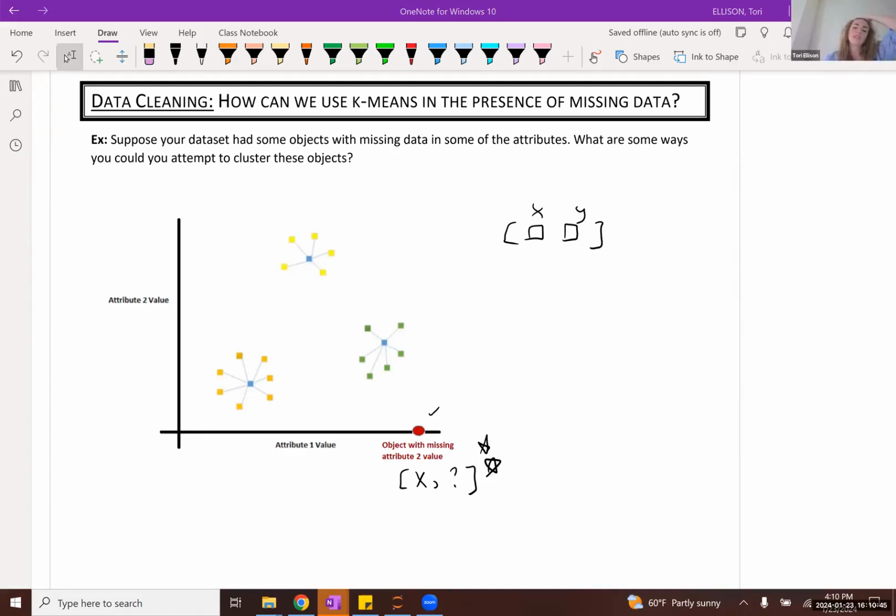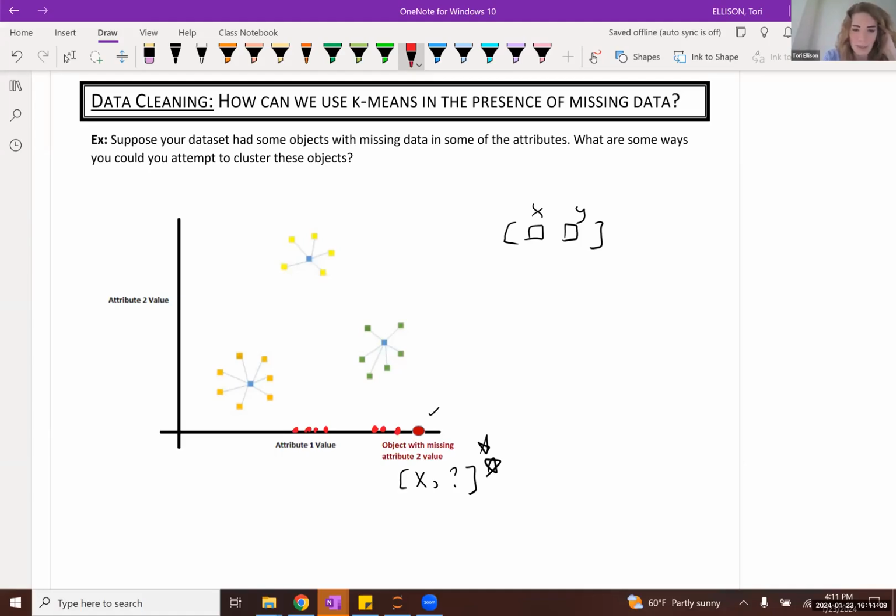So let's just say, for instance, we decided to impute our missing values with one of the standard approaches. Let's just say we imputed all of our missing values with a 0. And let's just say there were a lot of observations with missing values. So we had x-axis values, which we knew, but the y values were missing.